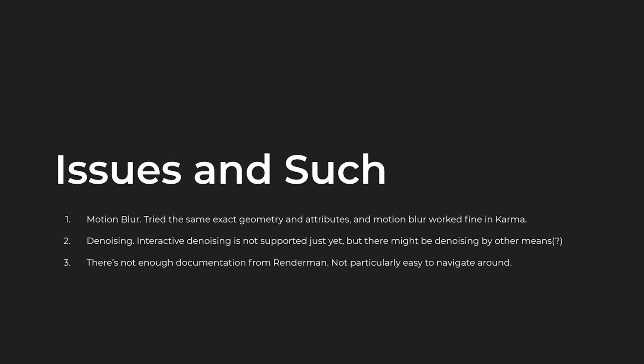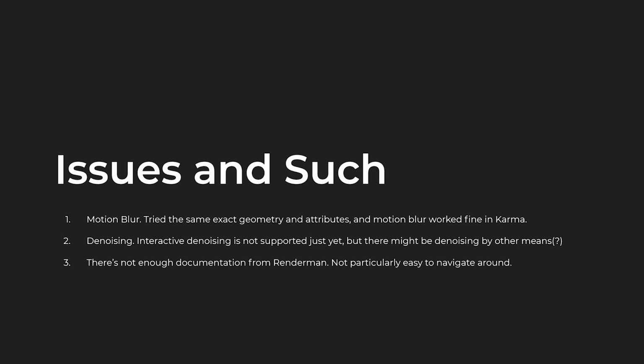And now I'll talk briefly about some issues that I faced during the whole process. So number one is motion blur. I couldn't figure out how to do motion blur in Renderman. There might be some secret switch somewhere, but I'm not sure where I should find that. I know that Renderman does motion blur in Solaris. I've seen a few presentations where that was demonstrated, but I personally couldn't find it.